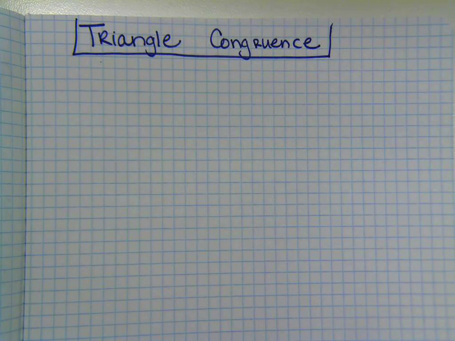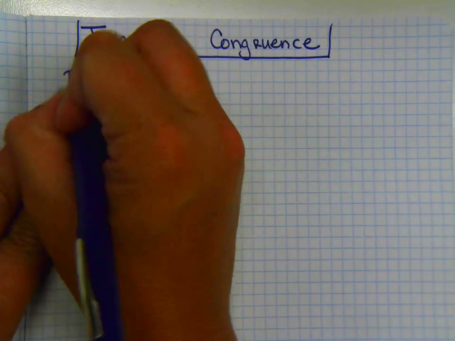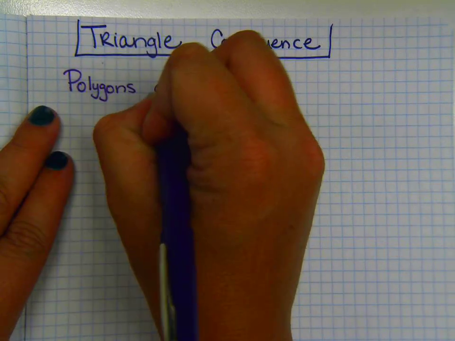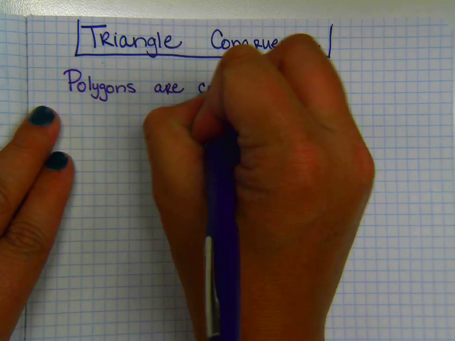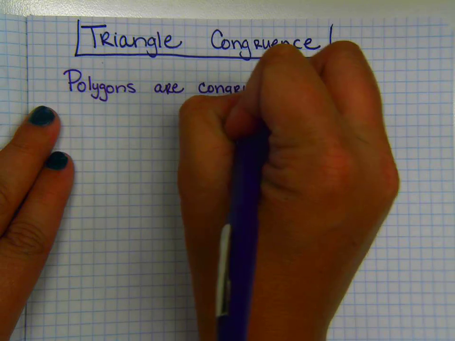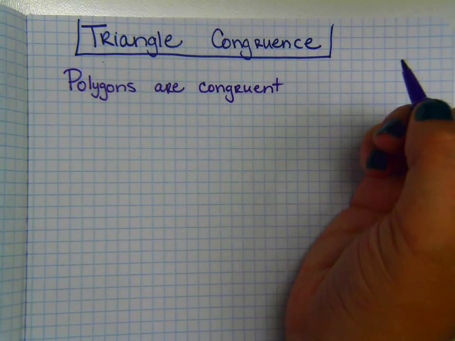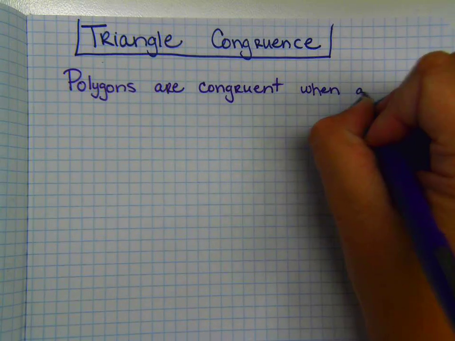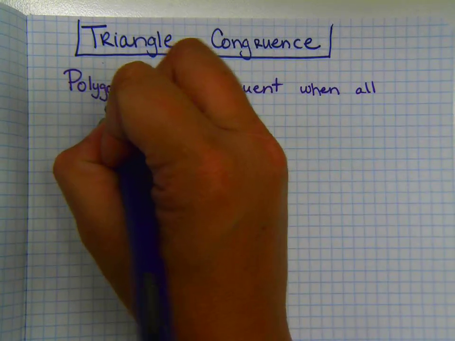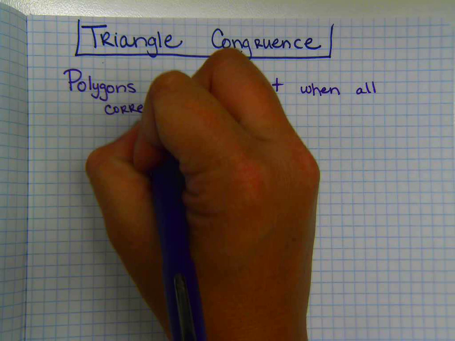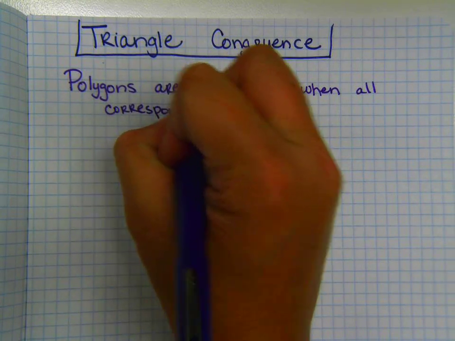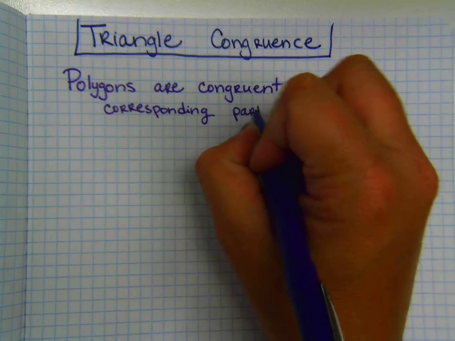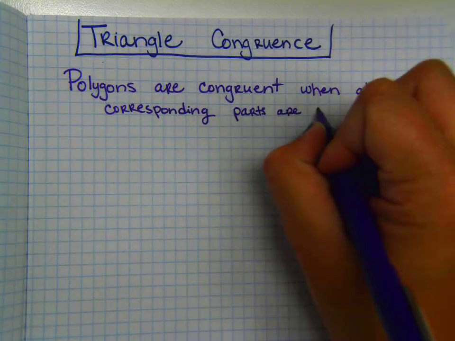But the definition of congruent is: polygons are congruent when all corresponding parts are congruent.